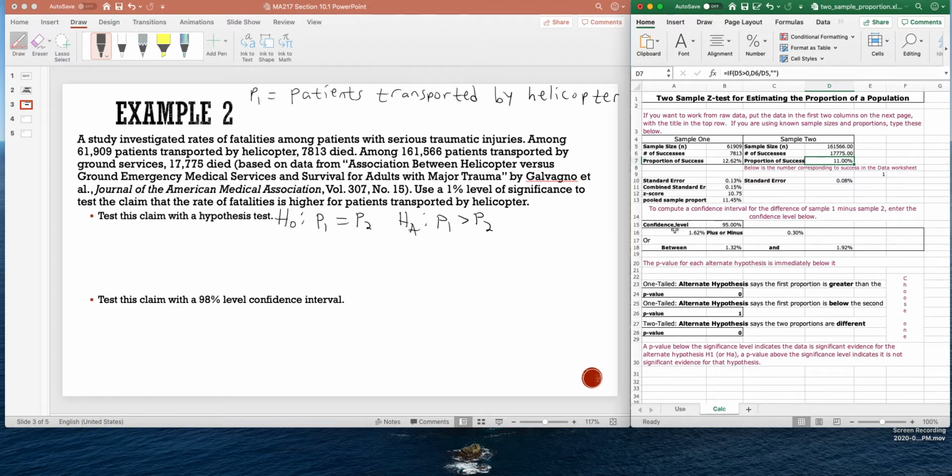And for this particular hypothesis test, we can see that we have ourselves a p-value of exactly 0. And our z-score, up here, according to this, was 10.75.